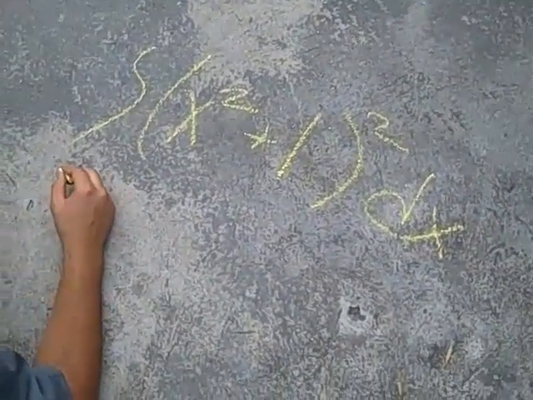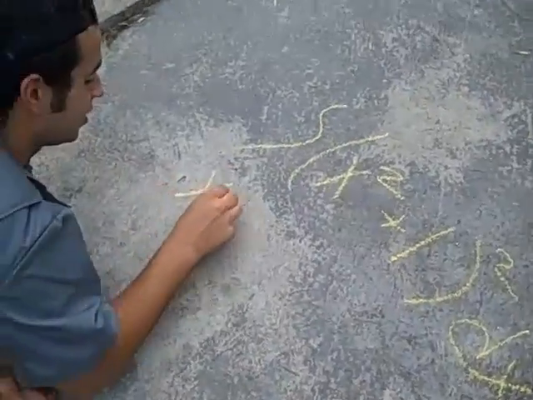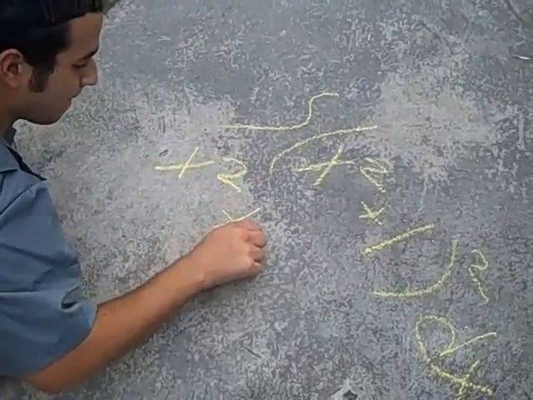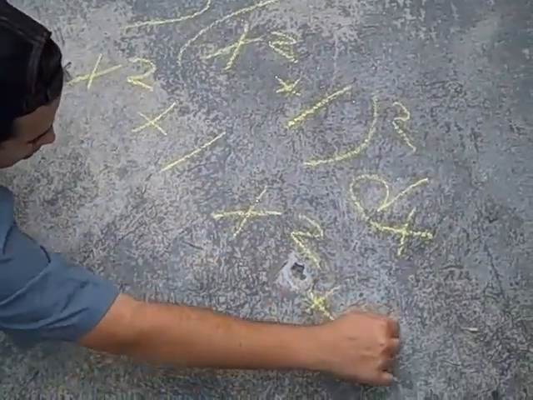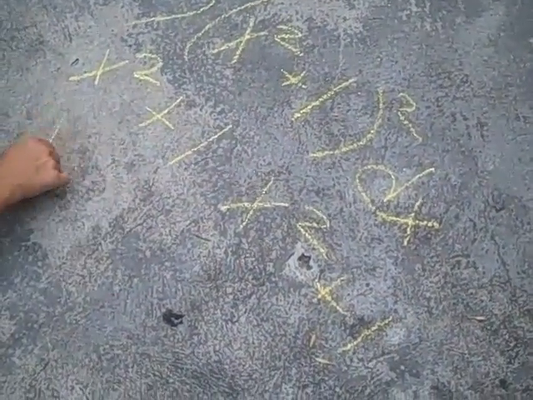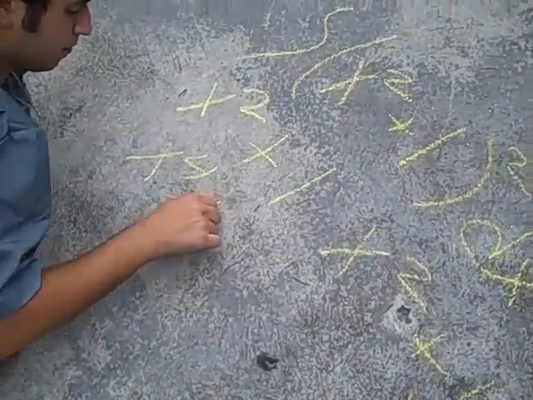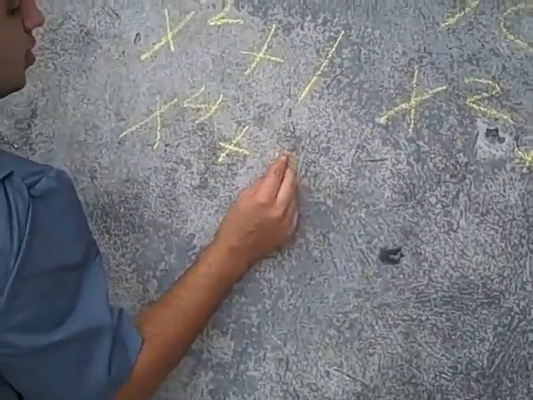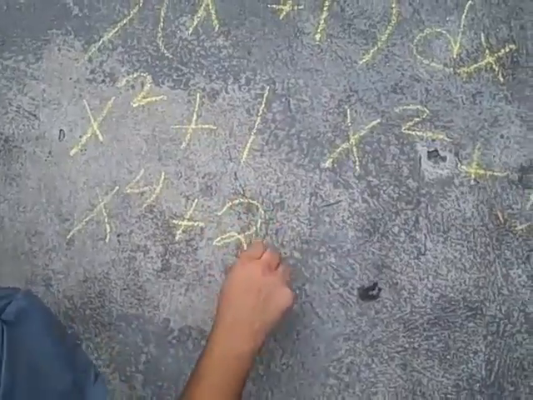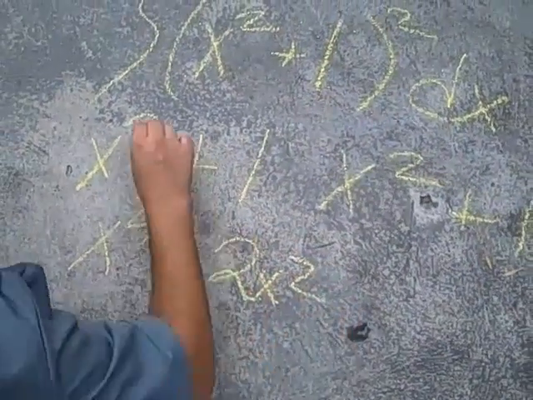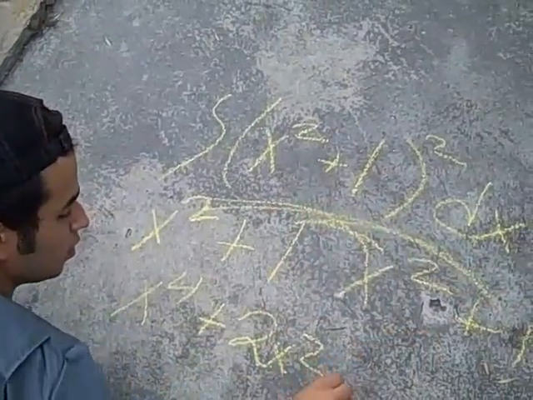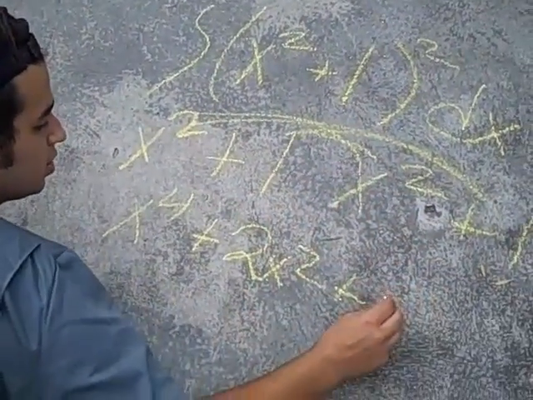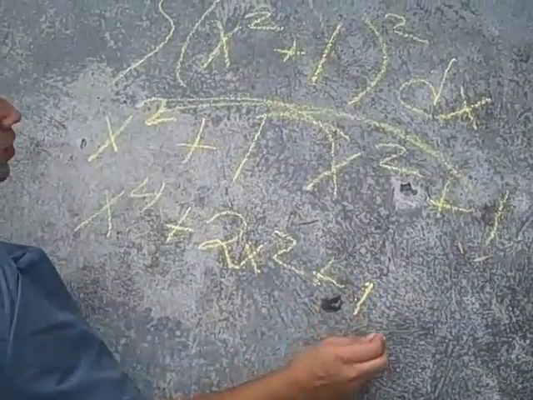Oh yes, I expand this to make it one equation. So I got x to the 4 plus 2x squared when I distribute this, plus what was it? 1.